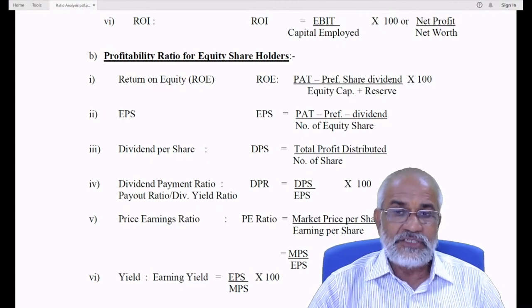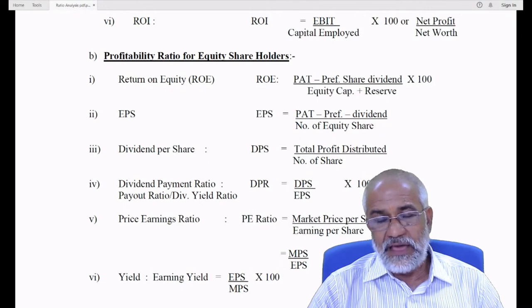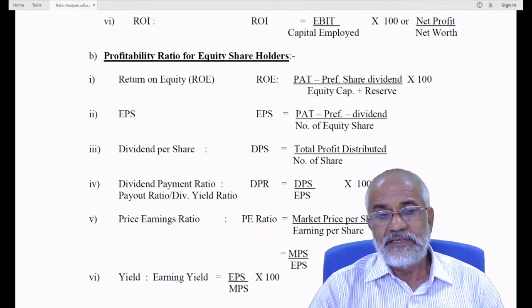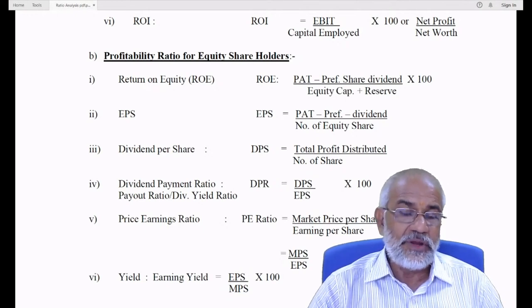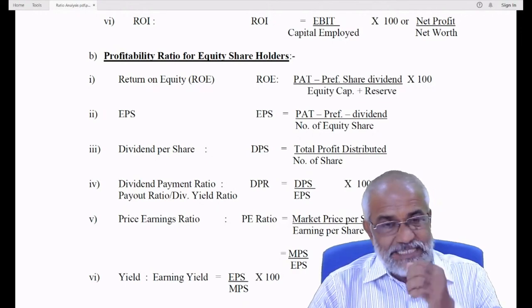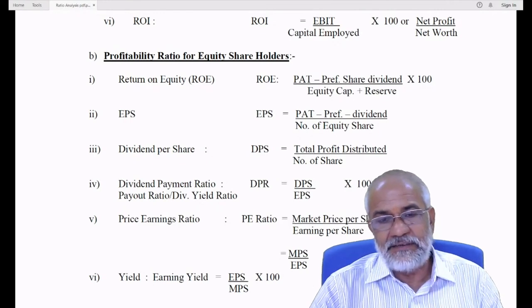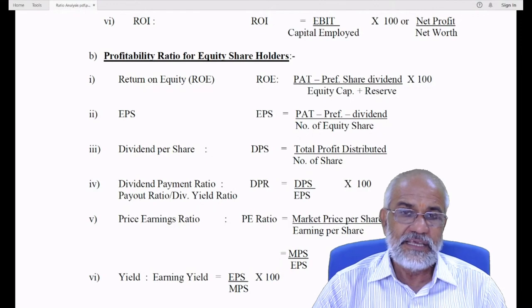And because DuPont was the first to advocate this part of analysis, it is titled the DuPont analysis, and it was advocated in the year 1968. So this is all about ratio analysis, which is a part of financial statement analysis.